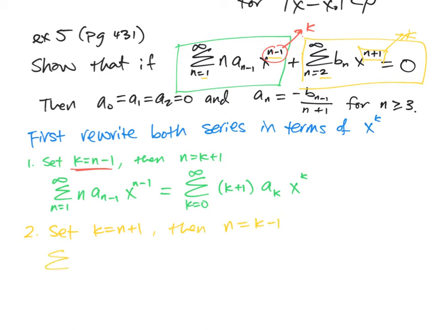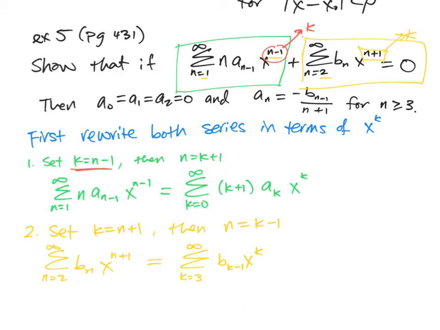So the sum from n equals 2 to infinity of b_n x to the n plus 1 is going to equal the sum where b_n becomes b_{k minus 1}, and x to the n plus 1 becomes x to the k. Now when n equals 2, k equals 3. And when n equals infinity, k equals infinity plus 1, which is just infinity.